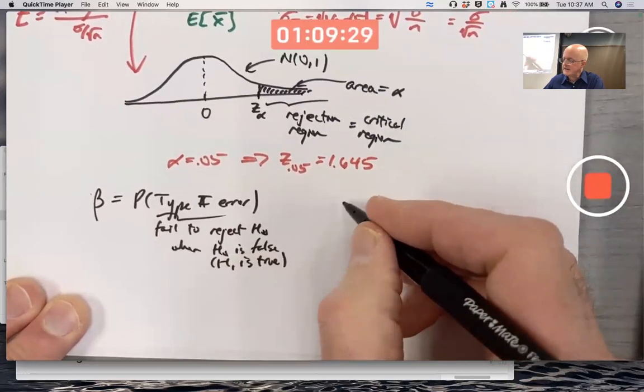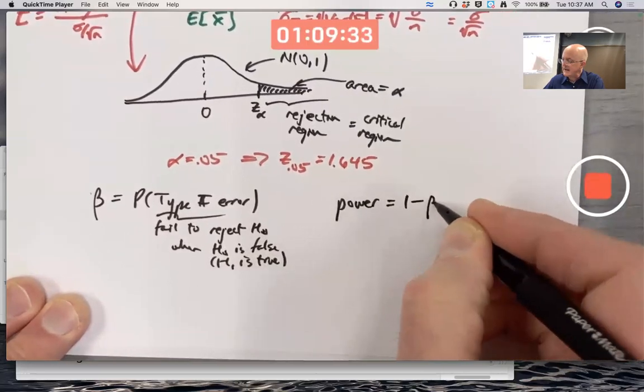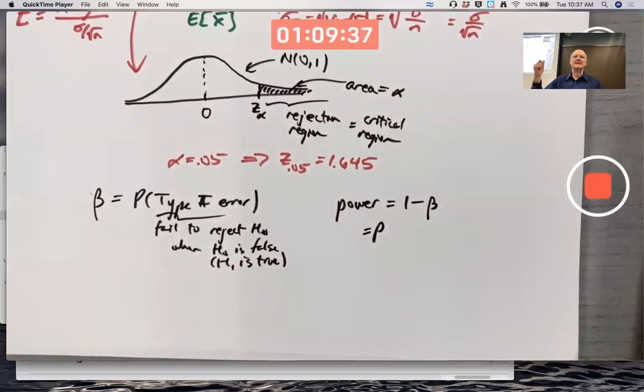Another important quantity is called the power of the test. It's 1 minus beta. It's the probability of doing what you want to do as a prosecuting attorney. If that person's really guilty, you definitely want to be able to convict them. Do you have power to convict them?